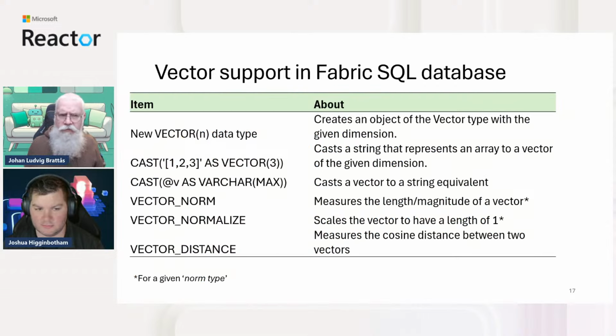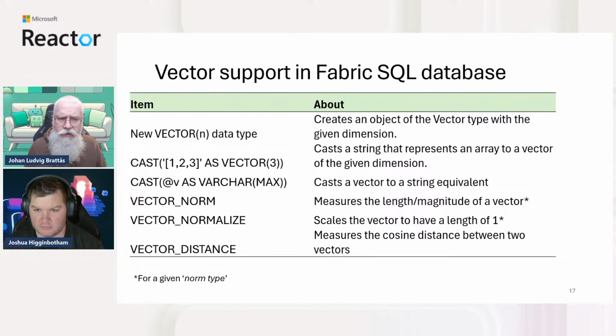As you can see, there are several different vector commands that are now being launched into T-SQL. So you have the new vector n data type, which is a numerical value and a numerical array. Then you have cast as vector to convert a string value to a vector value.